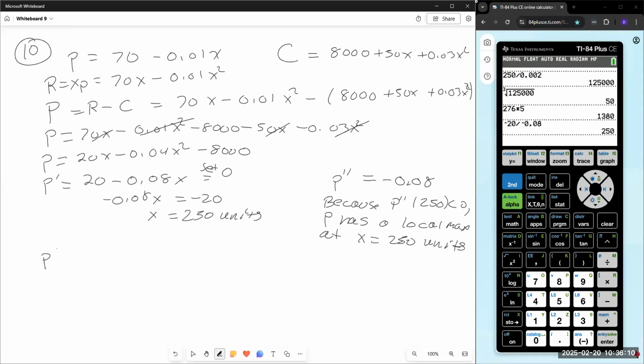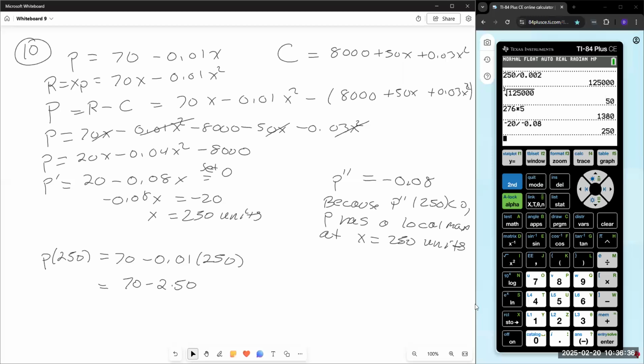So lowercase p of 250 units is 70 minus 0.01 times 250, which is equal to 70 minus 2.50.